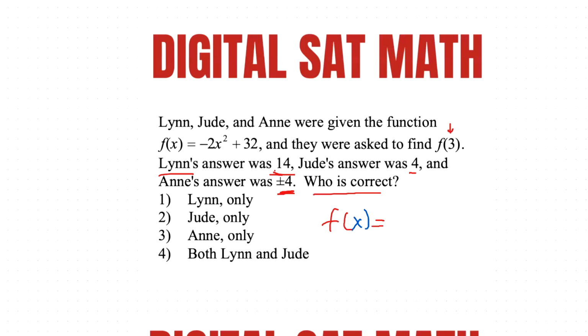Negative 2 times, our x is here 3, so instead of x, I put 3 to the power of 2 plus 32.